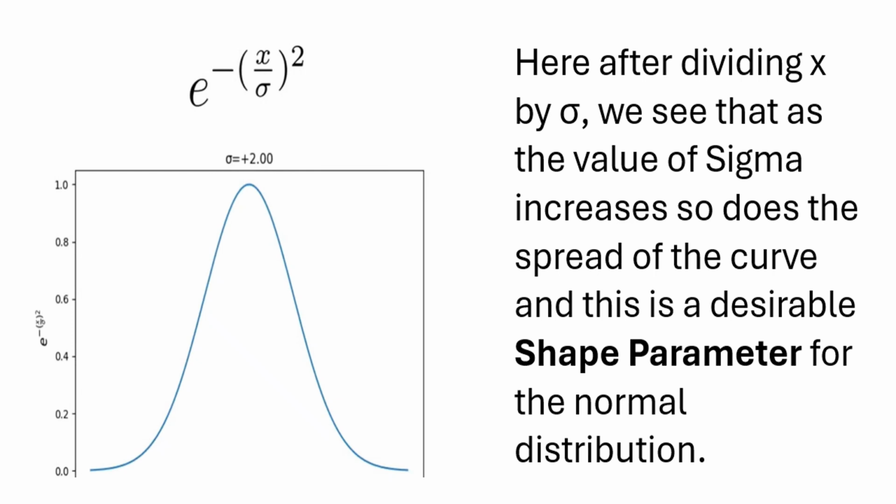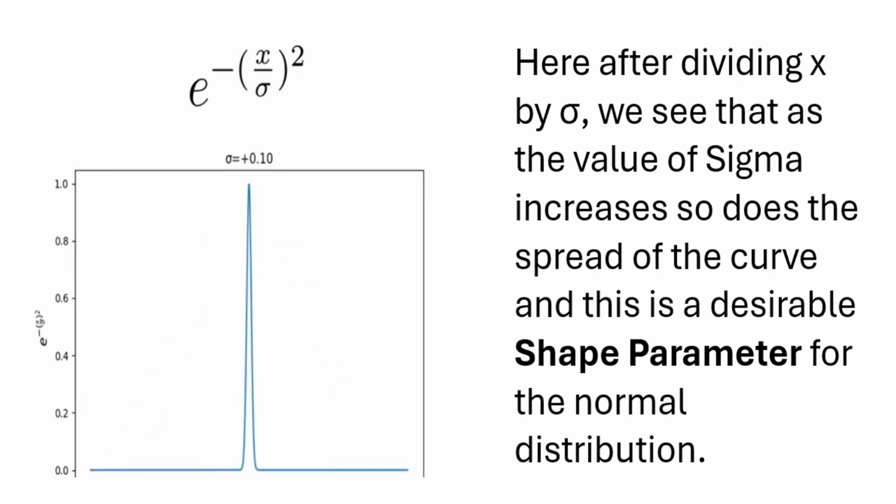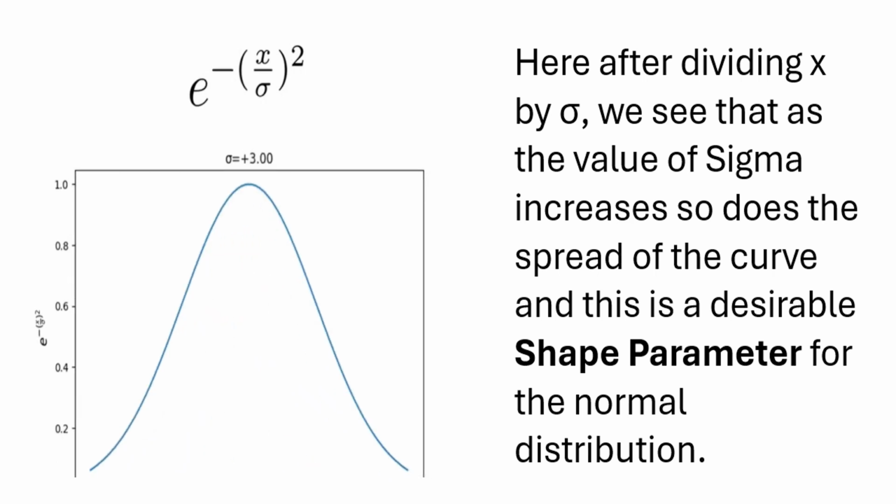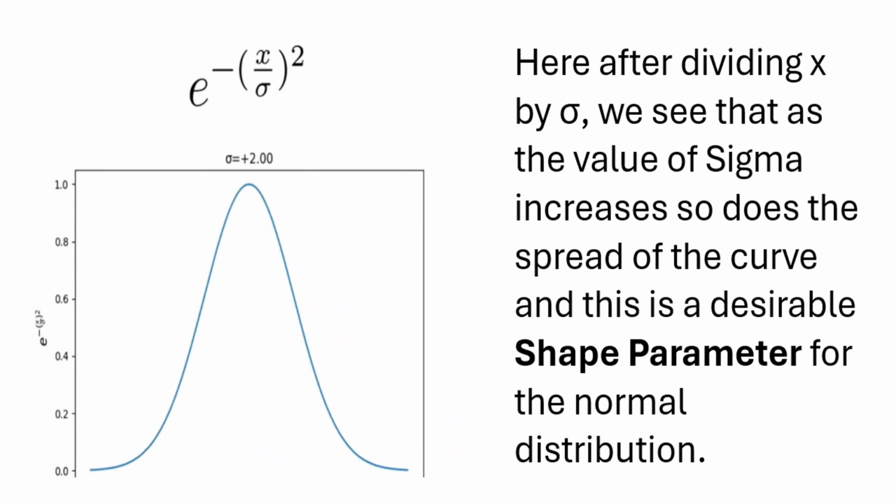After this failed attempt of multiplying the power of e by sigma, now we go with another option, which is to divide x by sigma. After doing so, we see that as sigma increases, so does the spread of this normal distribution, and this fits perfectly with the definition of standard deviation.